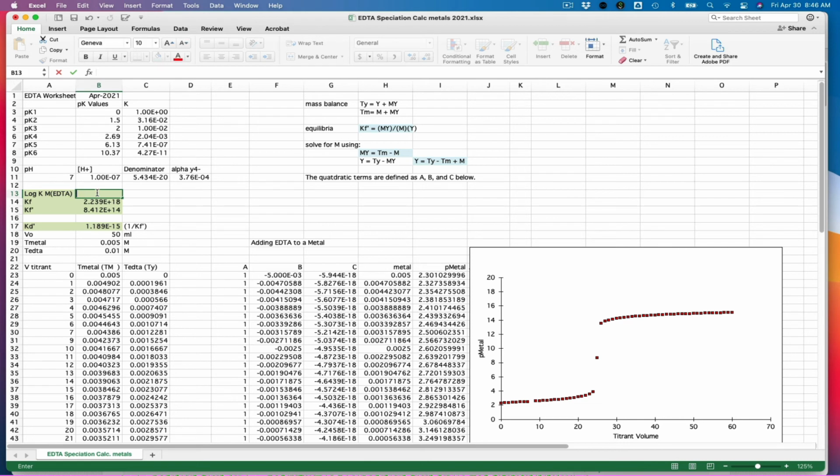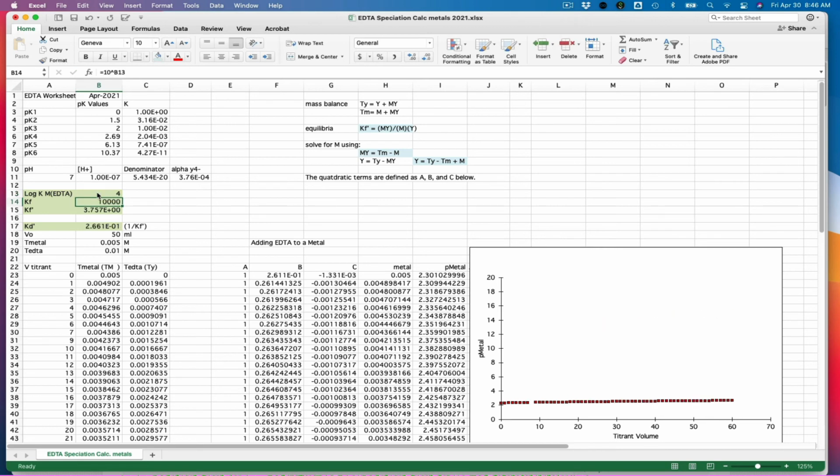And so we can put in a log K of 4, which is pretty typical of group 1 metals. And you'll notice with a log K of 4 and a pH of 7, EDTA has essentially no reactivity.